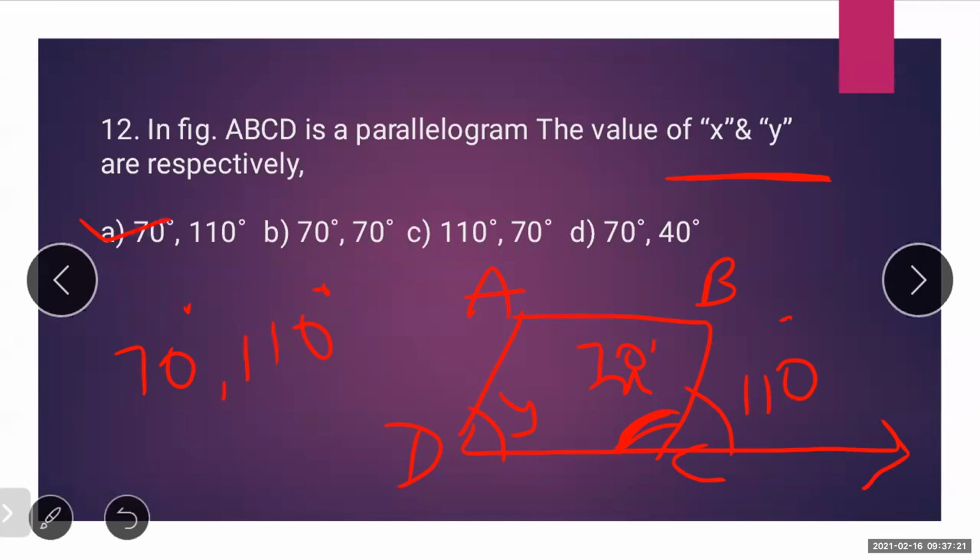Both 110 and 70 are correct, but the order asked in the question does not match the option which you have marked. So while reading the question, concentrate properly and then find the answer.